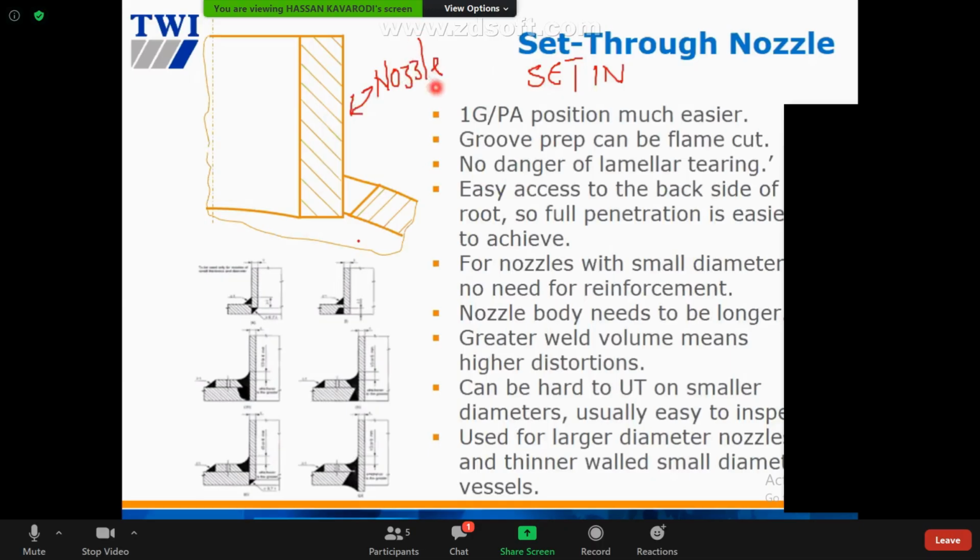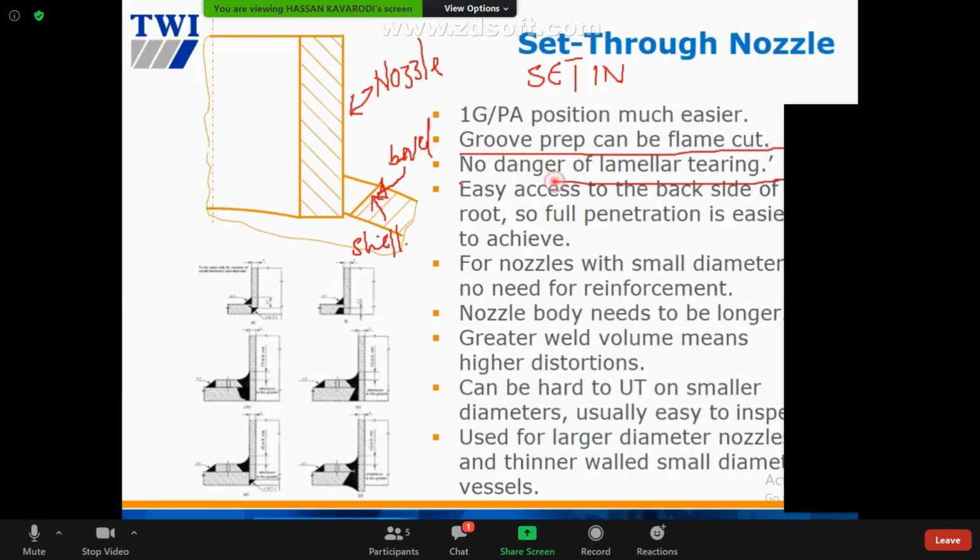And then here is the shell. Yeah. And remember, bevel carried out in the shell. For set through, bevel carried out in the shell, not in the nozzle. Clear about this? All right, highlight this one.